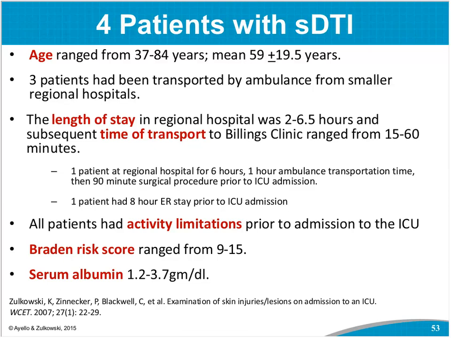The serum albumin was very low in all these patients, and it ranged from 1.2 to 3.7, and as we know, 3.5 is the cutoff. So they were all at risk nutritionally, and it was probably going to get worse following whatever the surgery was or the fact that they hadn't eaten for a number of days.